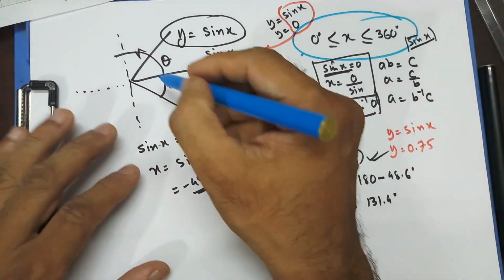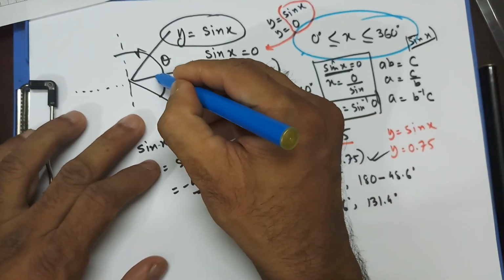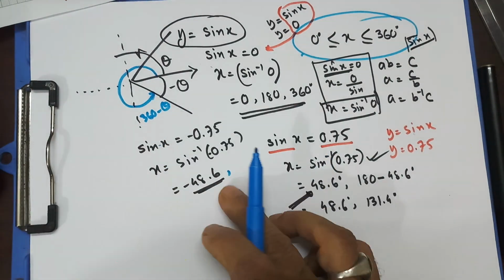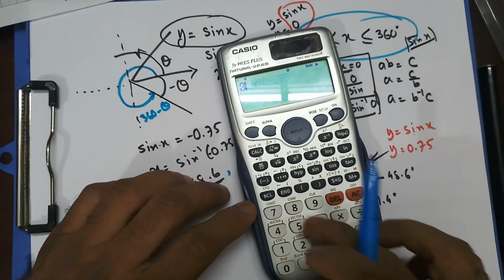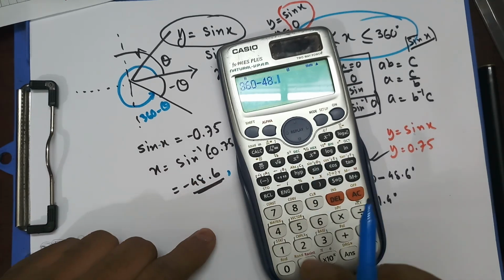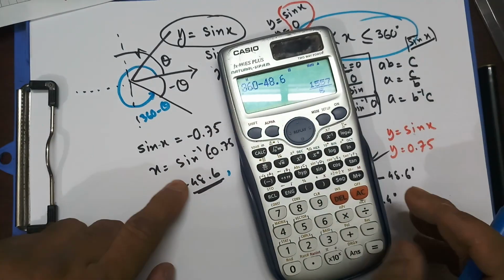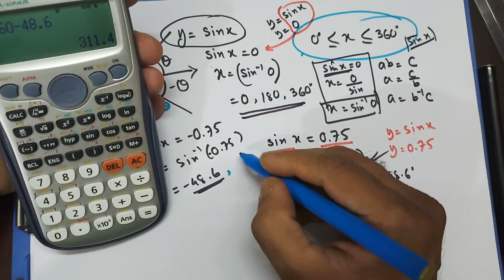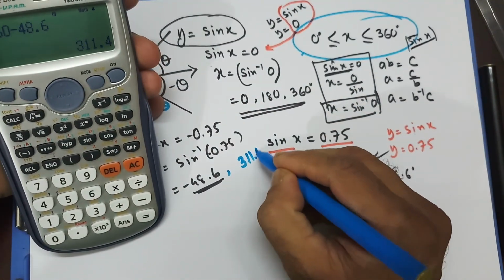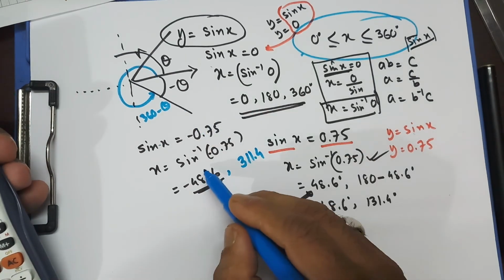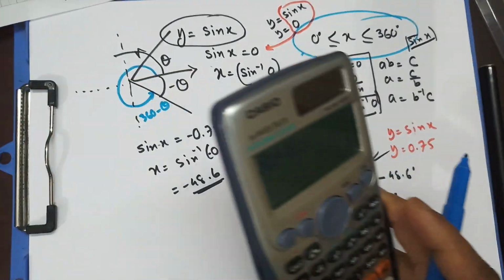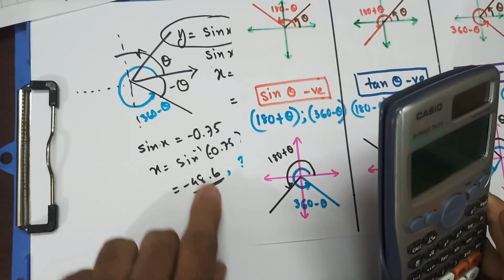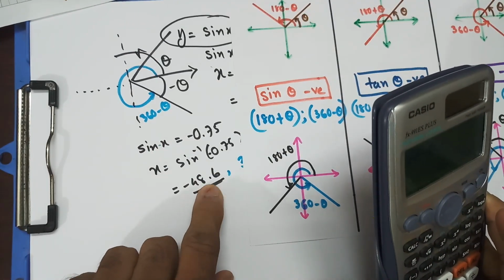Now if this is negative theta, this can be written as 360 minus theta, and that's going to be 360 minus 48.6. Remember, forget about the sign, you just have to fill this one in the fourth quadrant. So it's going to be 311.4. To be in the third quadrant, we add that theta to 180 degrees, regardless of the negative sign of 48.6.